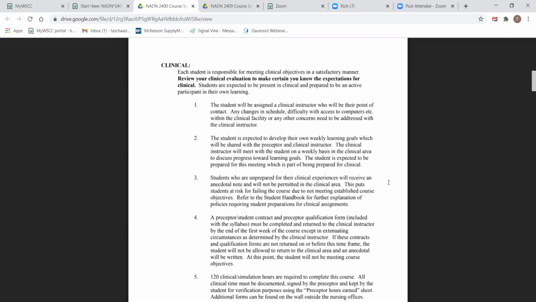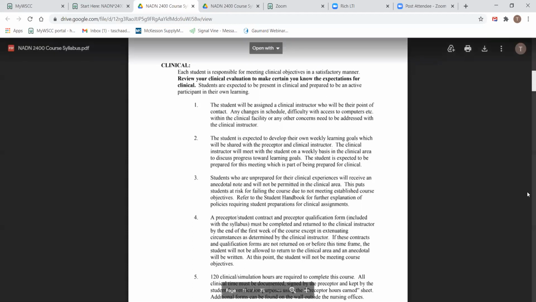Students are expected to contract their clinical time with their preceptor and present it to their clinical instructor for approval. Schedules should be submitted for at least a 2-week period. Students will not schedule time during spring break, except in extenuating circumstances as determined by the clinical instructor. There really should not be any reason why you need to use spring break.